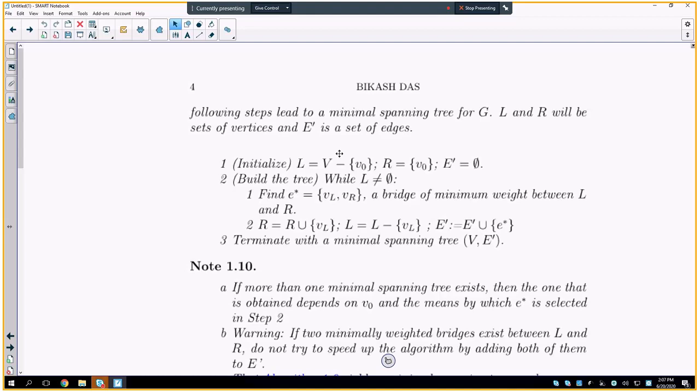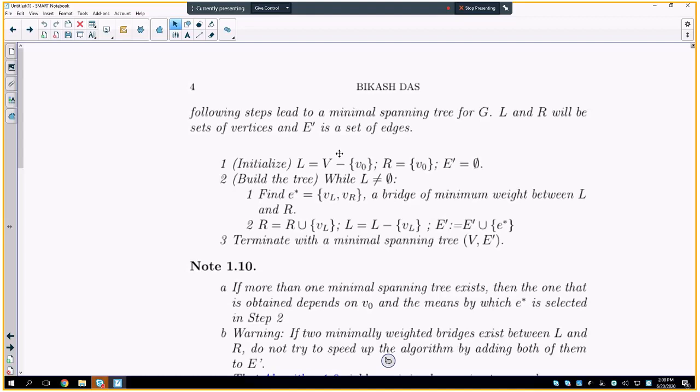Then you change your R by including VL, which is the source of this edge, and you subtract VL from the left set. And your new E prime is whatever E prime was in the previous step, along with this bridge E star. We will terminate with a minimal spanning tree by repeating step 2.